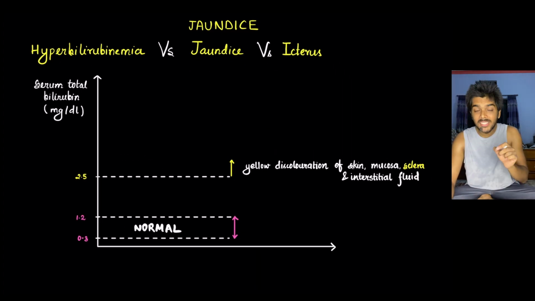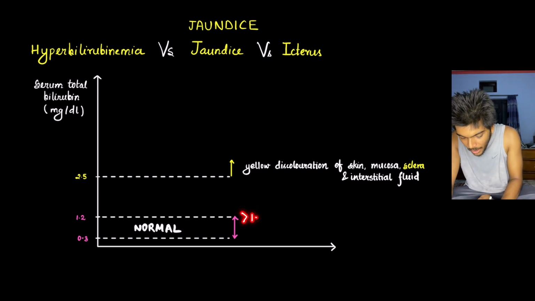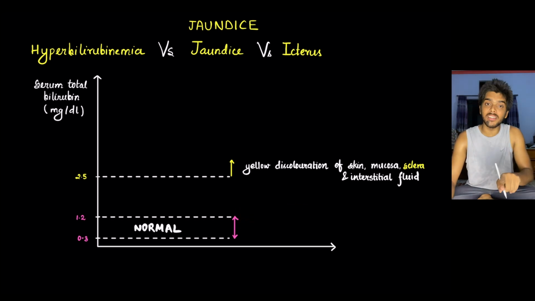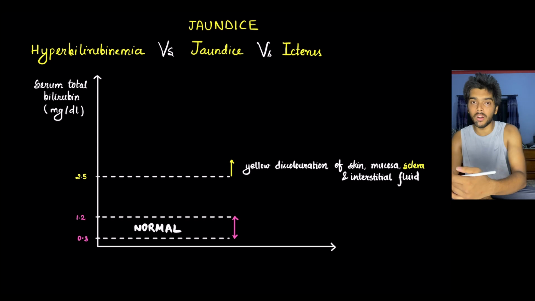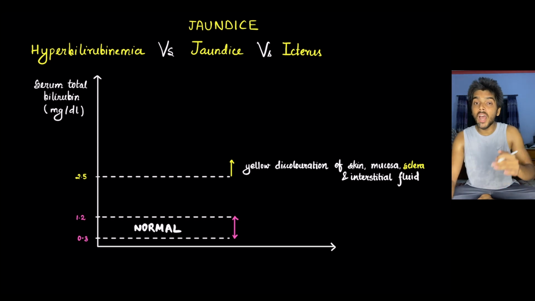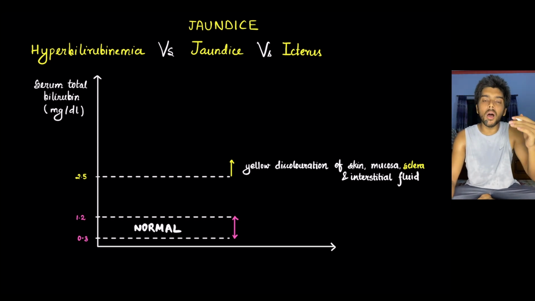When the serum total bilirubin level becomes greater than the normal upper limit, that is greater than 1.2 milligram per deciliter, then that condition is referred to as hyperbilirubinemia. Hyper, excess, bilirubinemia in blood: the presence of bilirubin beyond the normal upper limit.